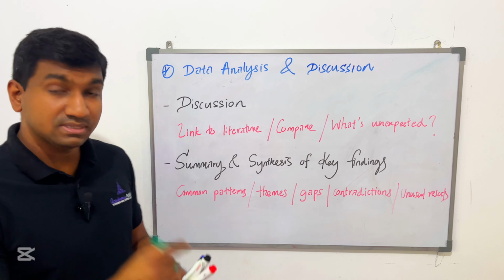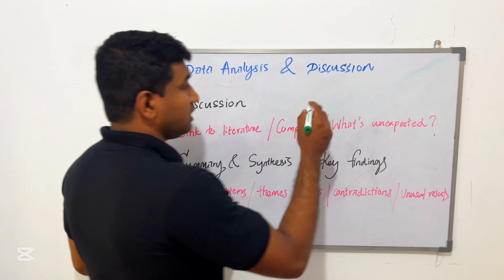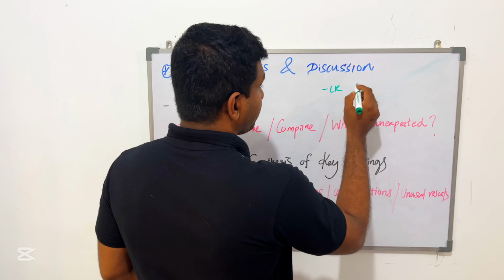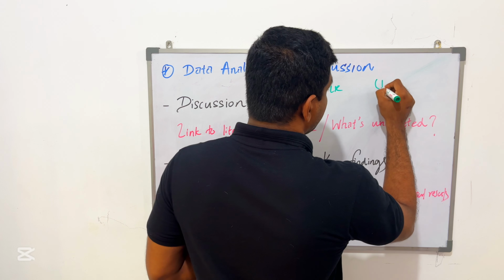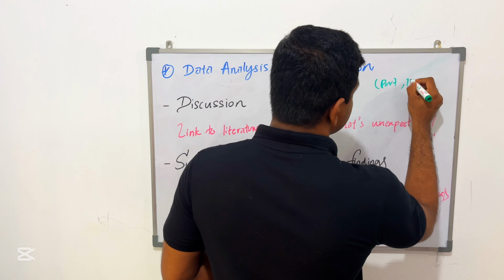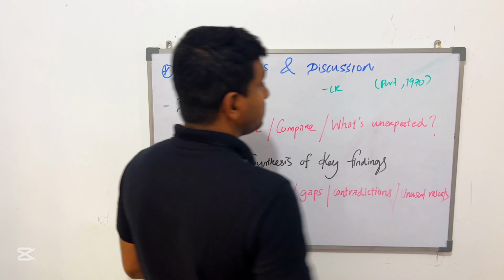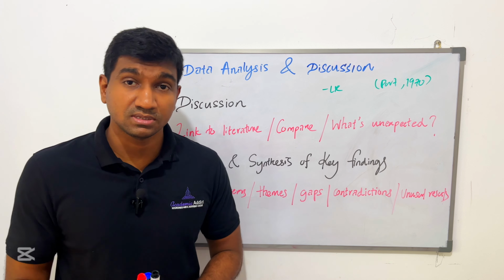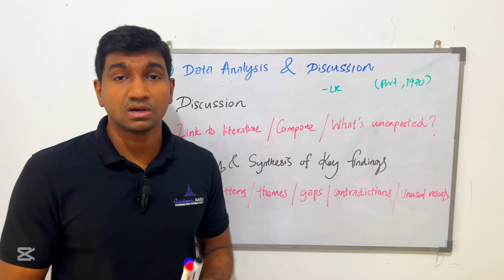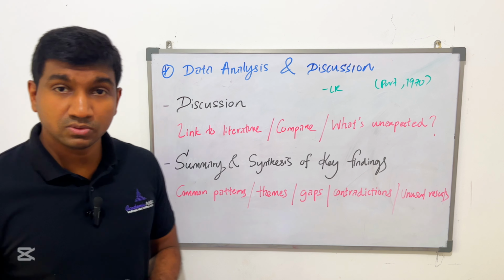So suppose, the best example I can give: in your literature review, you have put a citation from 1970. Let's say in this part, he has said it's always better to use newspapers as advertising or marketing tools, right?